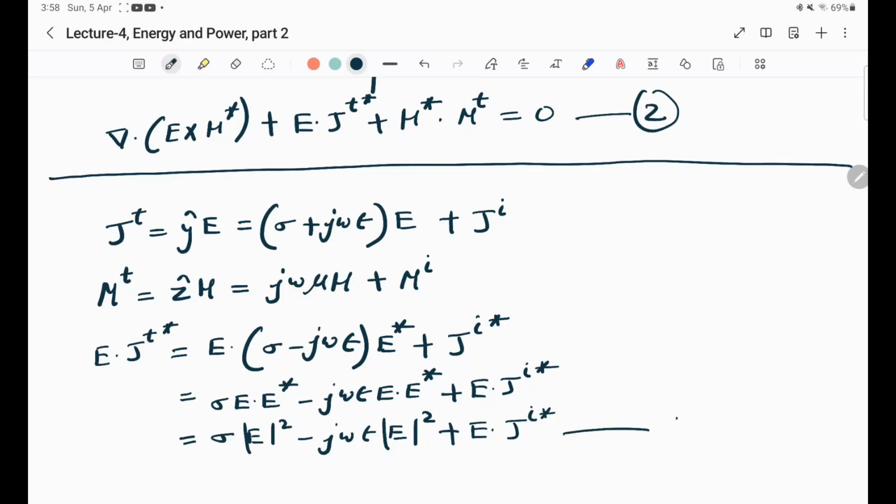Okay, let's call this equation A. So this is our E dot J total conjugate.